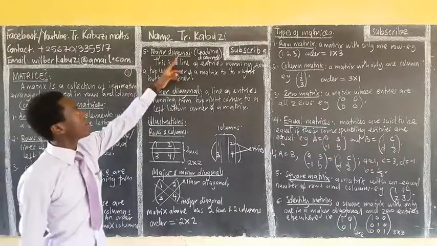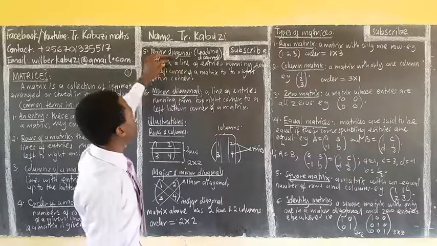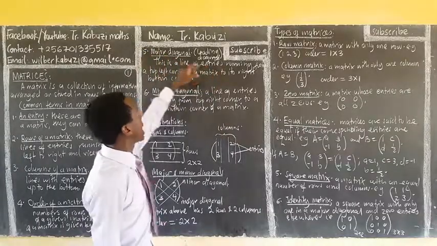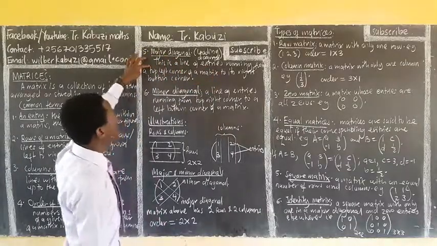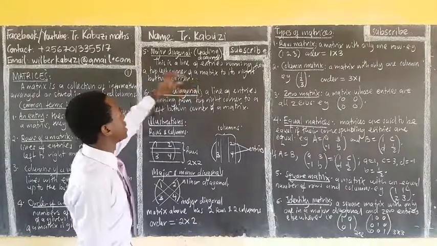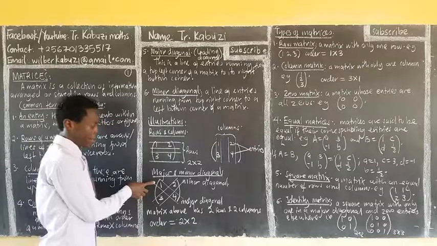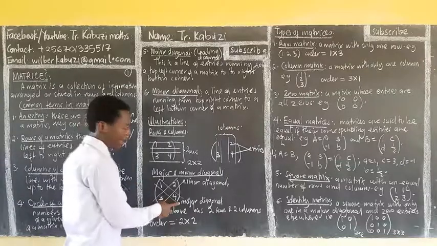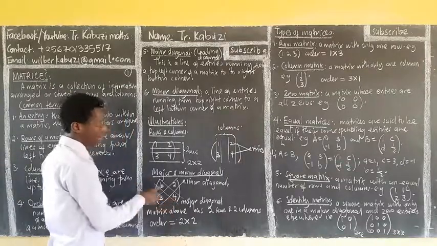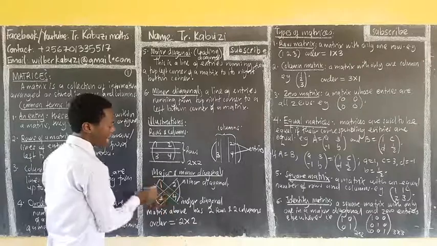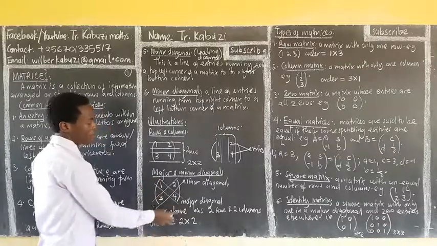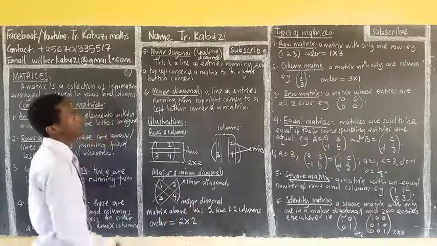Then major diagonal. This is a line of entries running from the top left corner of a matrix to its bottom right corner. Running from here like this is what we call a major diagonal.